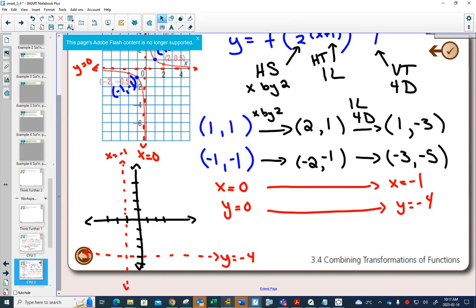The points that I need to add are 1, negative 3, and negative 3, negative 5. Once you have those points, things have to go towards the asymptotes, and we'll be able to draw our final graph.